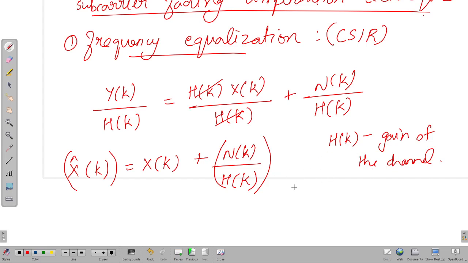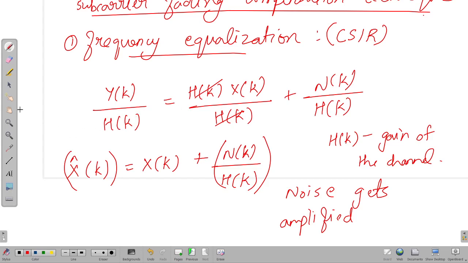The noise gets amplified during frequency equalization. That is one of the disadvantages of frequency equalization: the noise gets amplified when you divide by h of k. It is true that the h of k values get cancelled off, but when you divide the noise by h of k, the noise gets amplified.